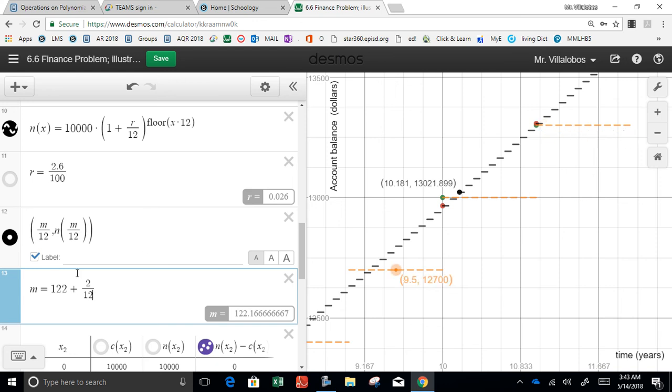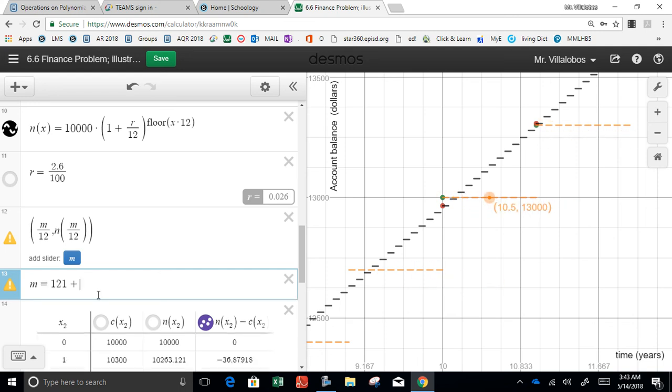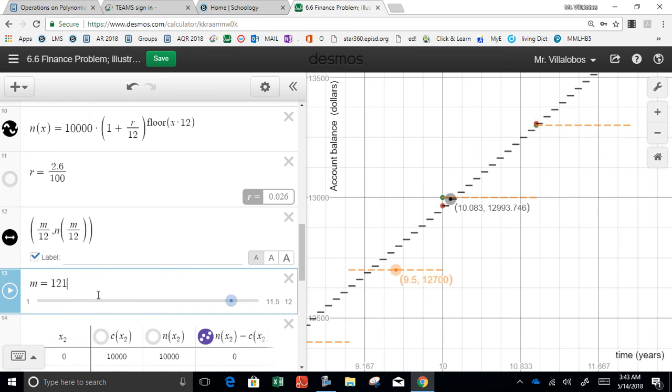That is a difference there. 12, 1 and then 12, 2. That's where it jumps the line.